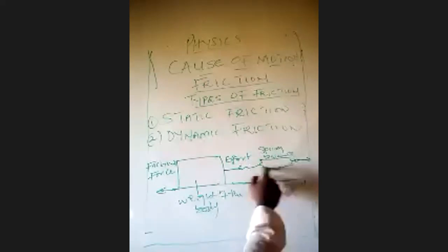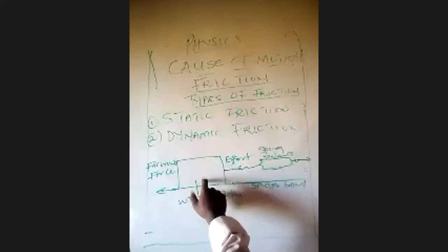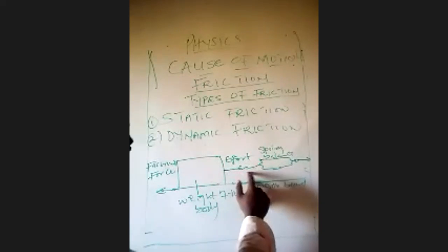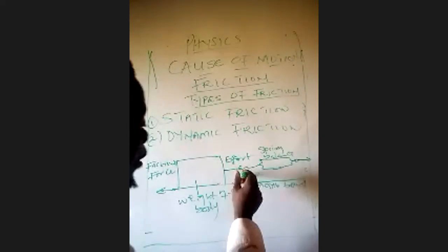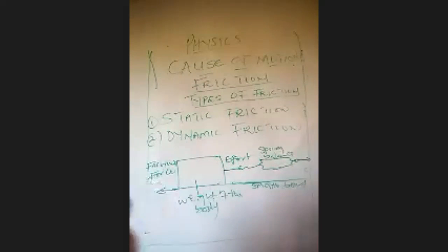An effort must be applied before this spring balance can pull the body that is put on the smooth board. During the course of pulling the body, there is a force of attraction between them, and that is what we refer to as the frictional force.